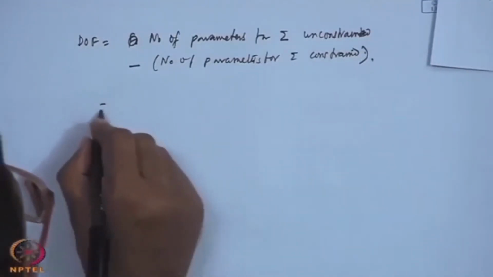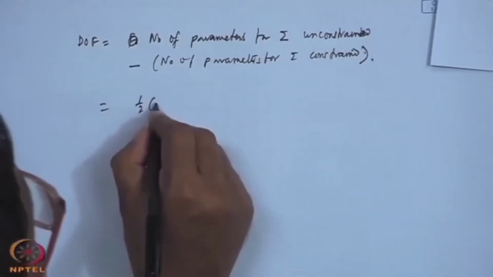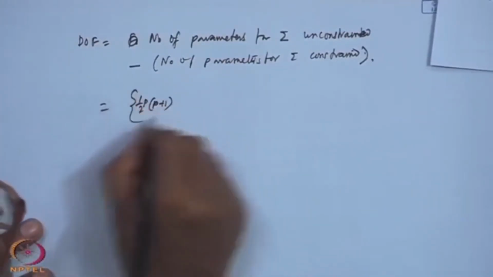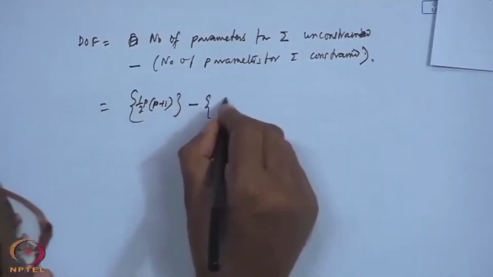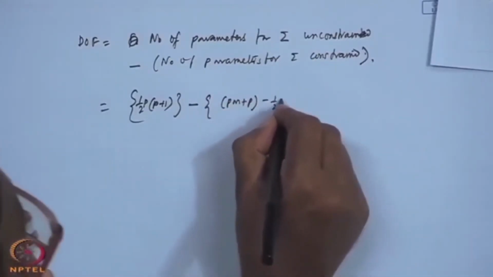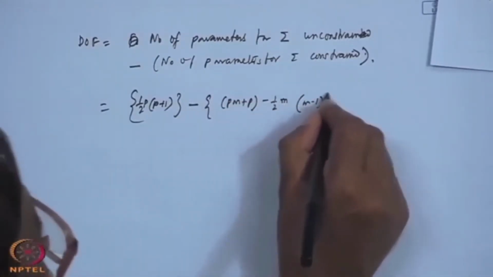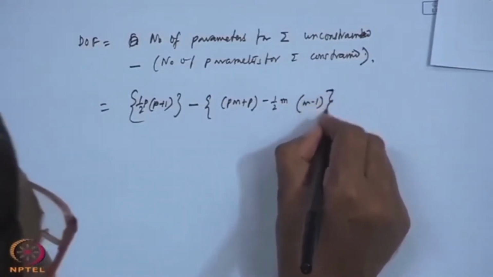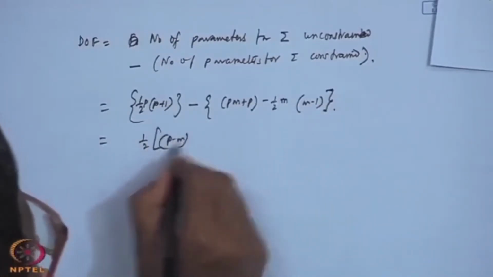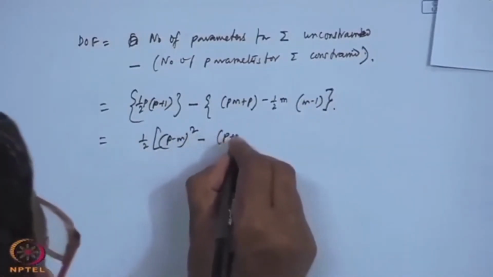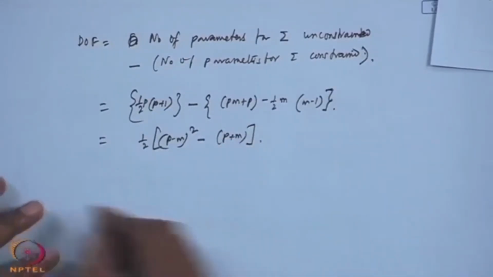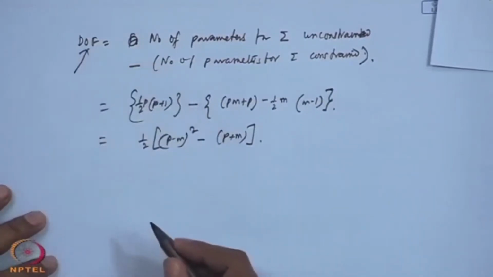In the unconstrained case, the total number of parameters will be half p into p plus 1, and in the constrained case, it is pm plus p minus half m into m minus 1. This leads to half of (p minus m) squared minus (p plus m). So this is the degrees of freedom available.